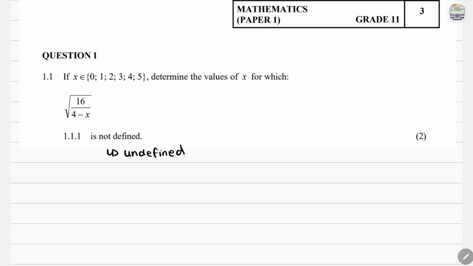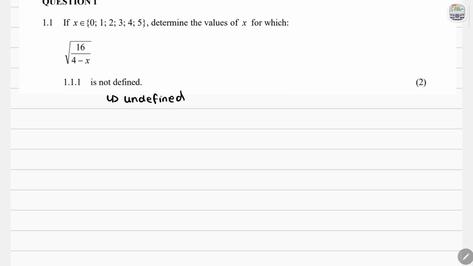So for which values of x will this expression be not defined? Well, how do we know that an expression is undefined? That would be specifically if the denominator is equal to 0. So if the denominator is equal to 0, then it's undefined.